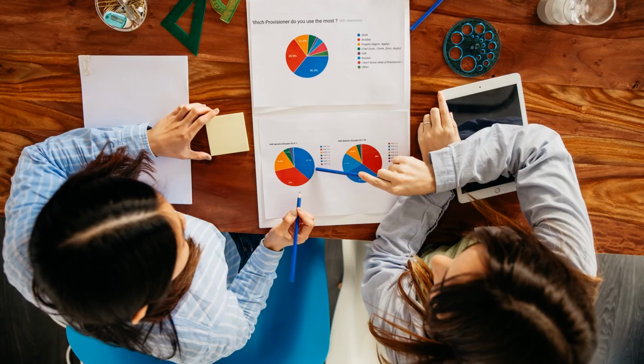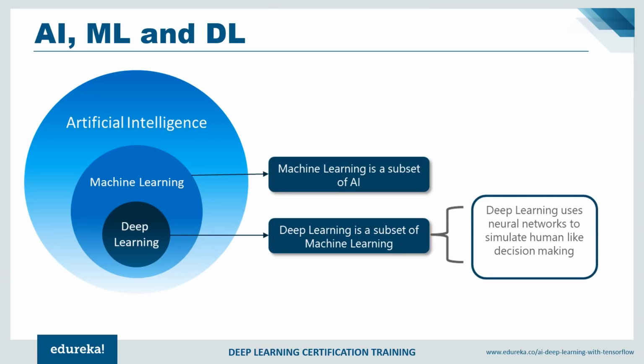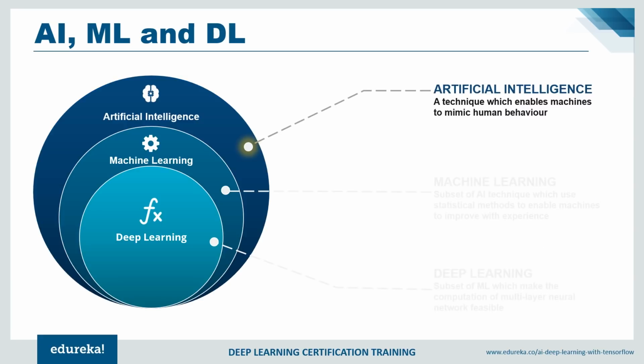Now, before talking about deep learning, one must understand its relationship with machine learning and artificial intelligence in terms of data science. If you have a look at the picture here, you can see that data science is the superset, and inside we have artificial intelligence, inside that we have machine learning, and inside that we have deep learning. So data science is an extraction of knowledge from data using different techniques and algorithms, whereas AI or artificial intelligence is a technique which enables machines to mimic human behavior.